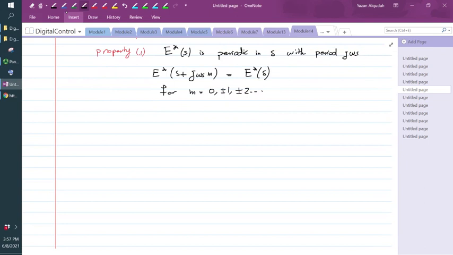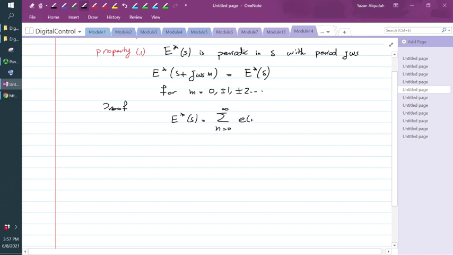Okay, let's prove that E star of S is periodic. Since E star of S is equal to the summation from n equals 0 to infinity of E of nT e to the negative nT multiplied by S, if I were to calculate E star of S plus j m omega s, this is going to equal the summation from n equals 0 to infinity of E of nT e to the negative nT multiplied by S plus j m omega s.